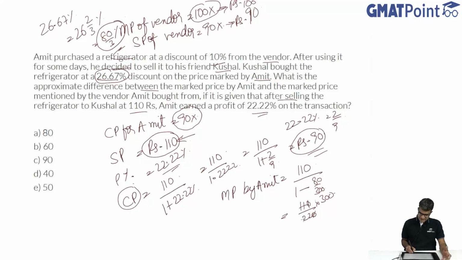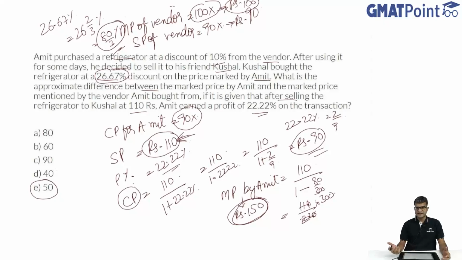You can cancel this. This is 2. Or the price that Amit quoted is rupees 150. That is the mark price Amit quoted. But he gave a discount and he sold it for rupees 110. So the difference in the mark price quoted by the vendor, which is 100, and the mark price quoted by Amit, which is 150, is equal to rupees 50.